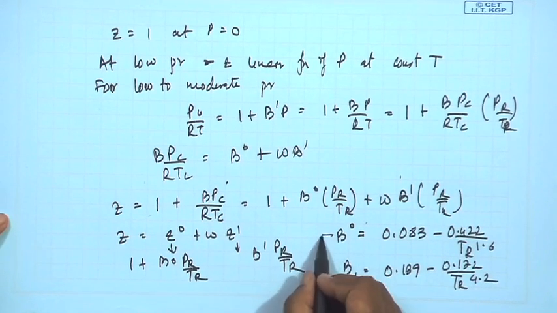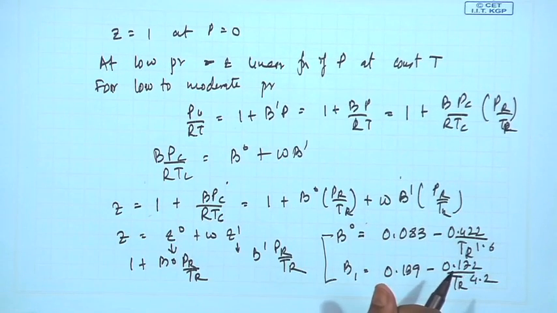Now, these are the generalized virial coefficient correlations which are applicable at low to moderate pressures for non-polar gases only. So, we can also deduce the law of corresponding states using the virial equation, just the way that we have done from the cubic equations of state.